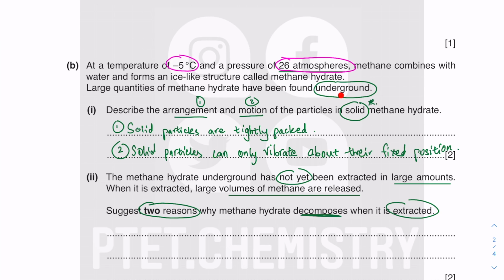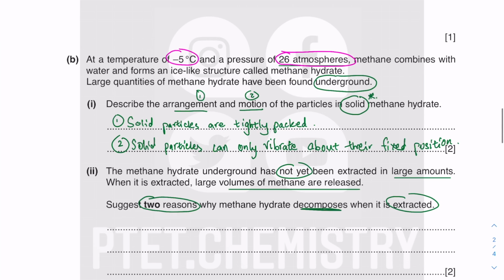So when you bring it up to ground, when you extract it, the temperature is no longer this, which is probably why any of the ice-like structure, the water, the ice will have melted, and therefore there's no more water when you take it out, it's just methane. And of course, our atmospheric pressure is not going to be 26 atmospheres because that is found underground. So when you take it out, again, that is not the environment at which this methane hydrate actually formed underground.